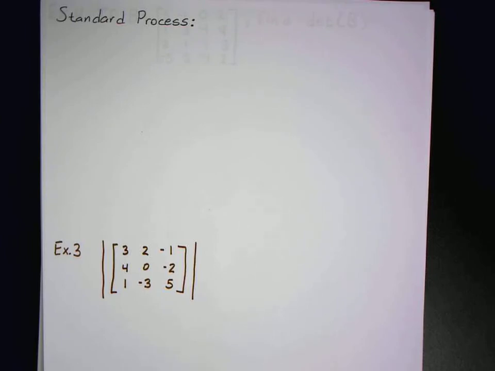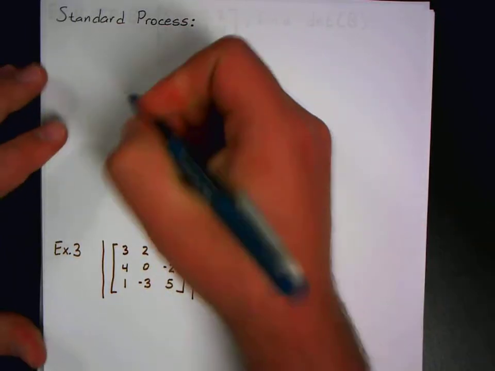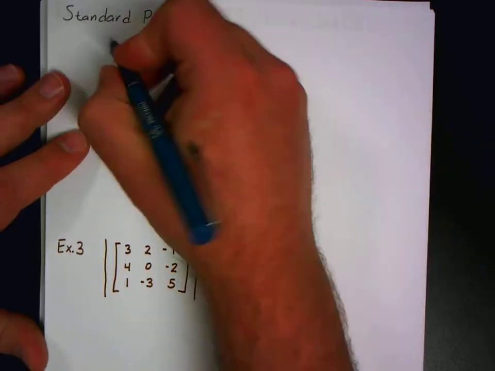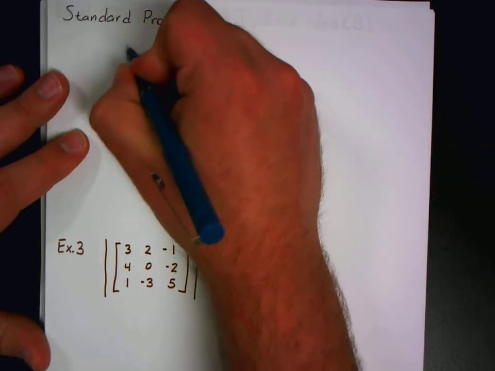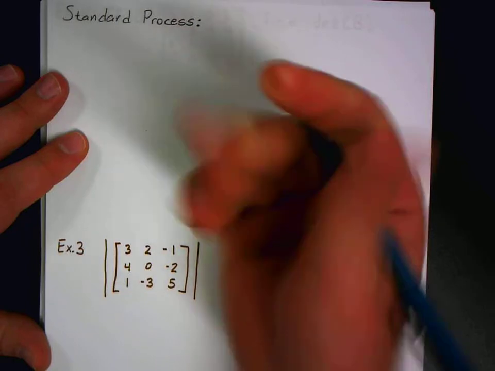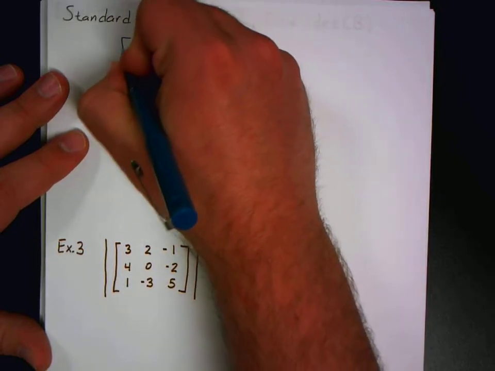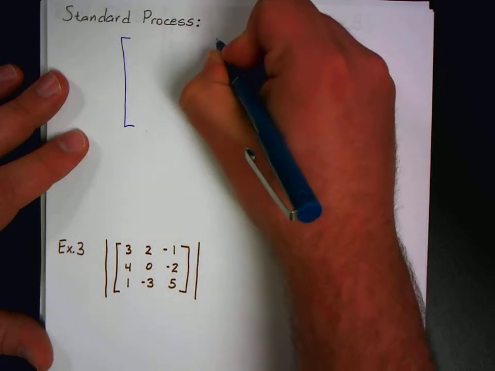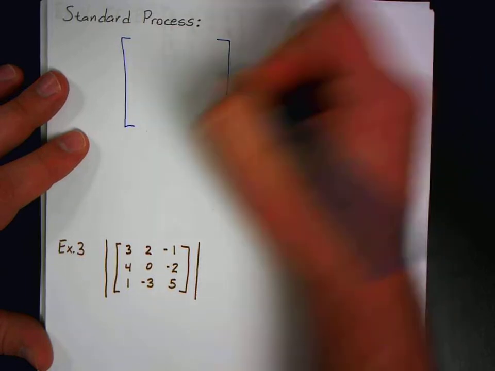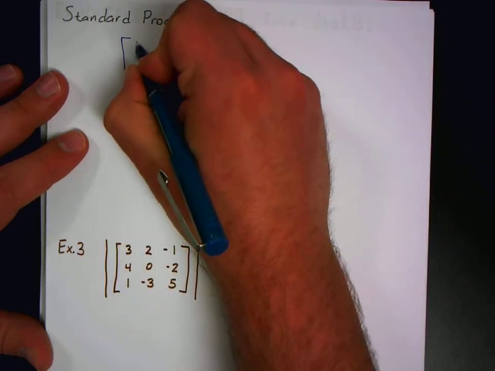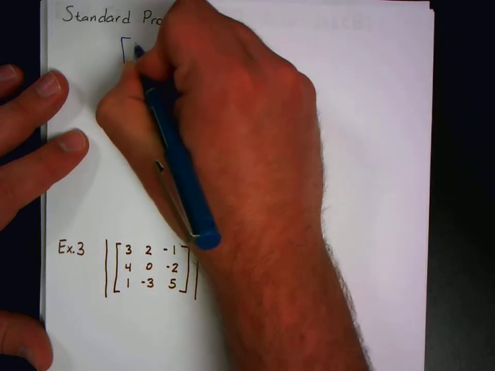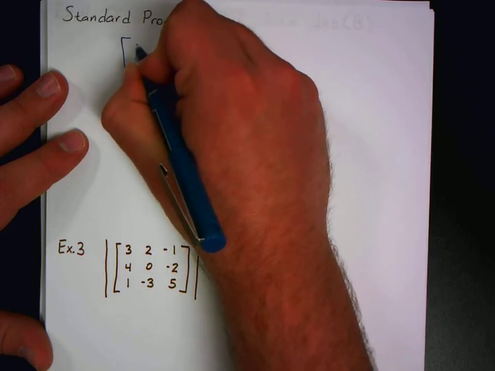Okay, so the normal process, and this works with any kind of square matrix. What you do is you take elements along the top.